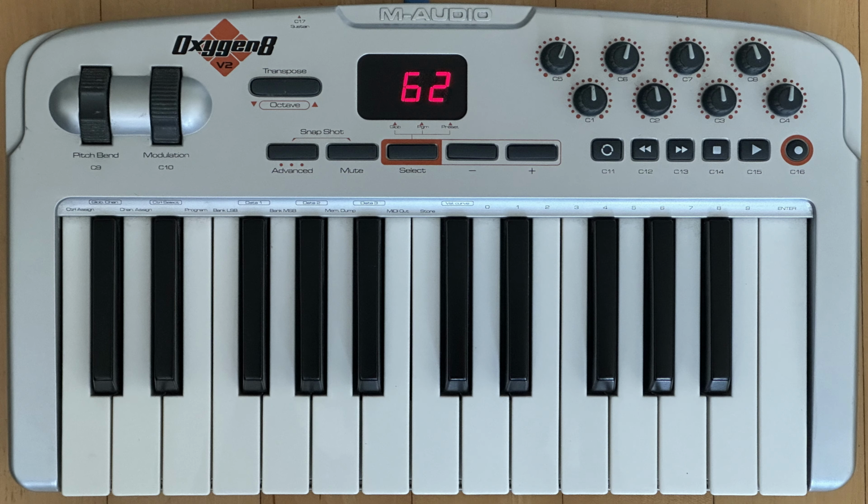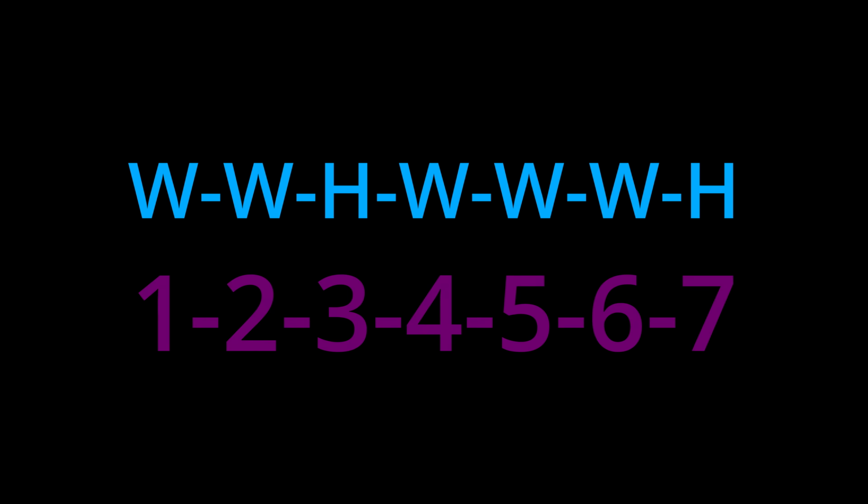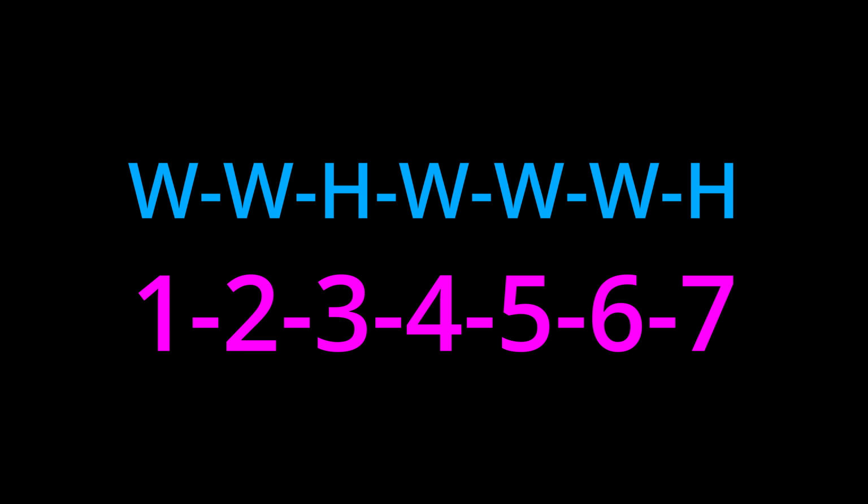You can think of whole steps as two notes up on the keyboard, and half steps as the next note on the keyboard. To find the scale, start at the root note and then use the formula to find the other notes. You might have also noticed that there are 7 steps in this formula, so if we start from the root note, that means that there are 8 notes in the scale.